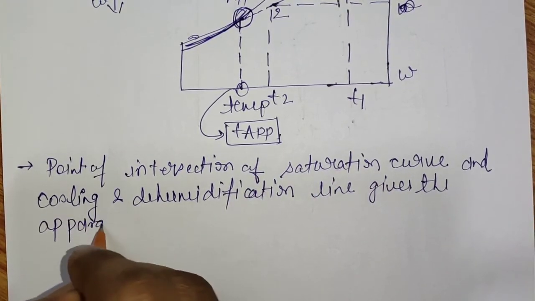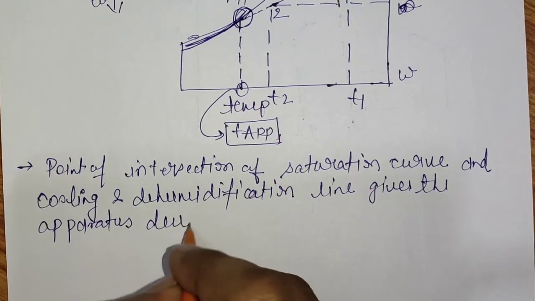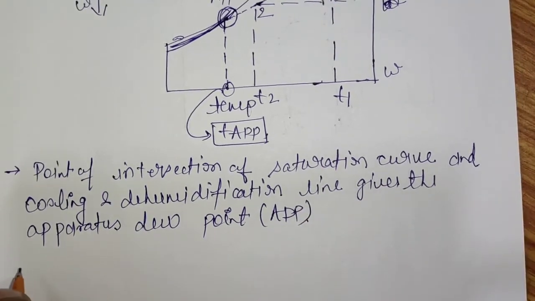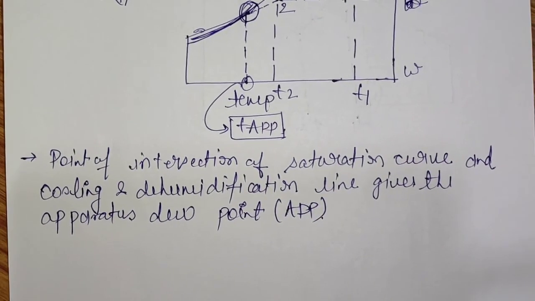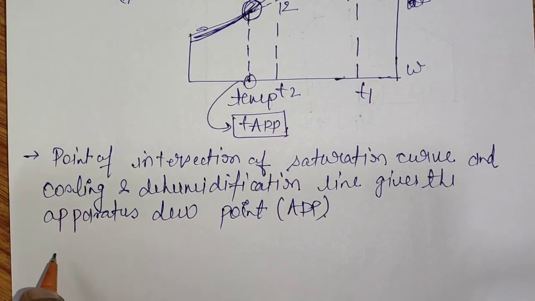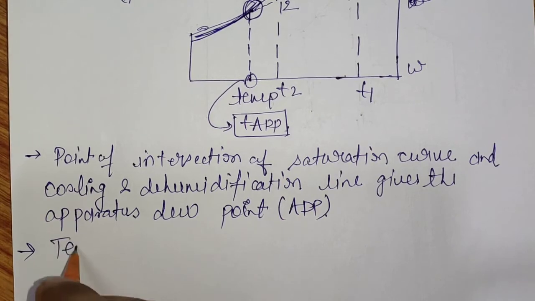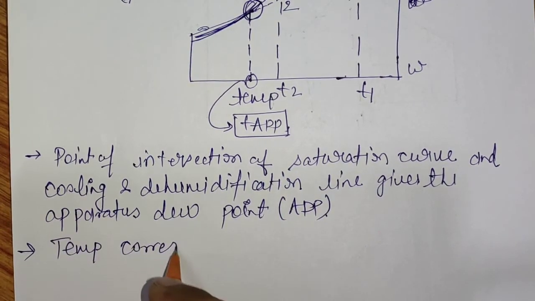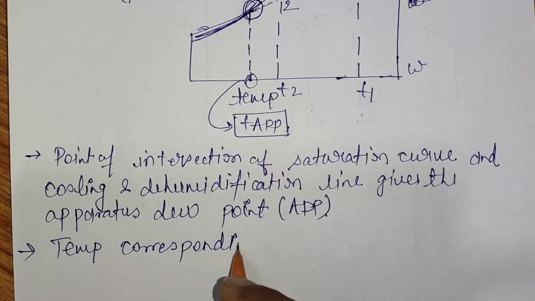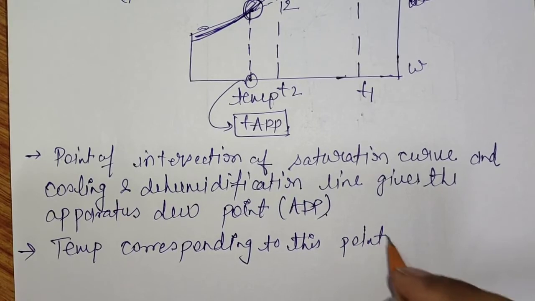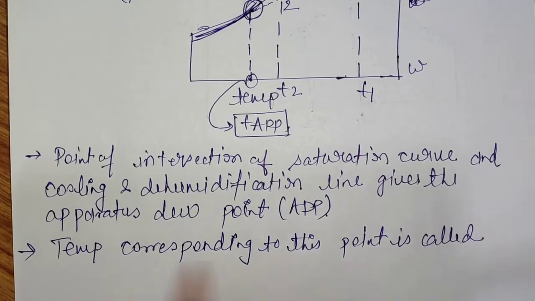The temperature corresponding to this point is called the apparatus dew point temperature, or temperature of the cooling coil.